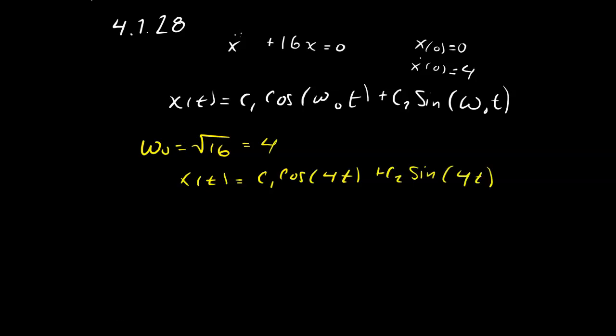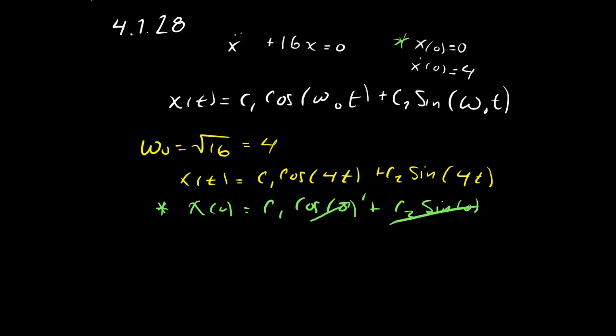If I stick it in the first initial value here, so x of 0 is equal to c1 cosine of 0 plus c2 sine of 0. Well, the sine of 0 is nothing, and the cosine of 0 is just 1. So this gives us c1, and that we're given is equal to 0. So that tells you your first constant is 0.